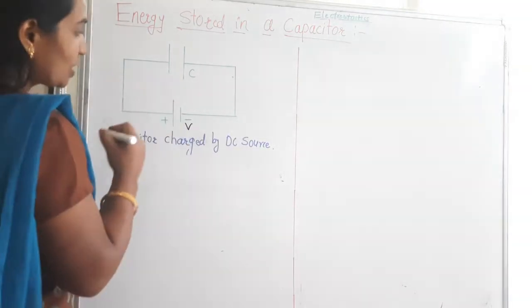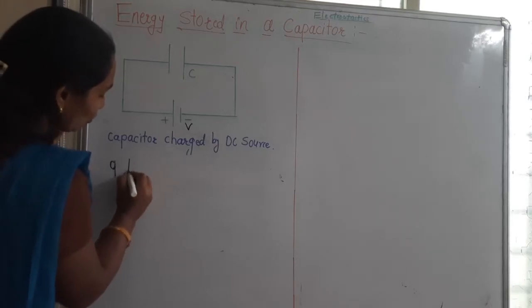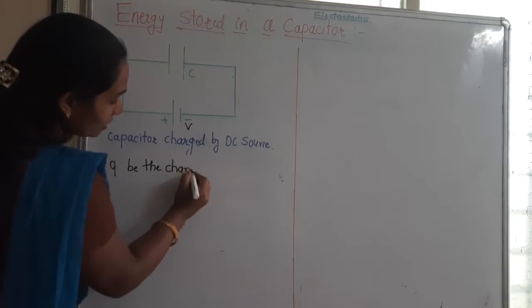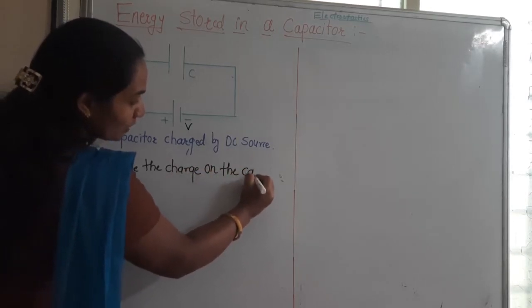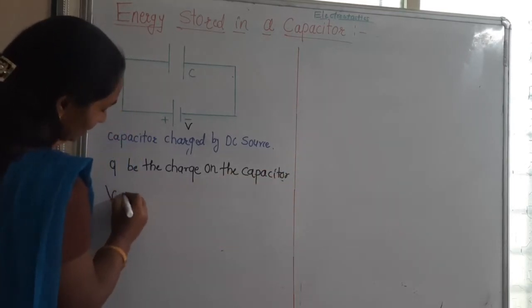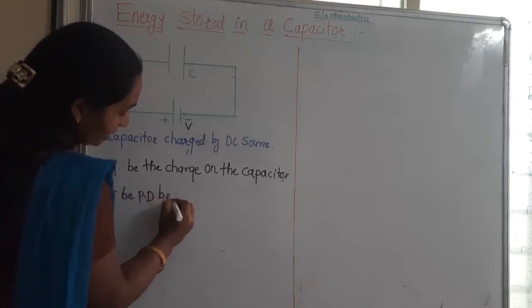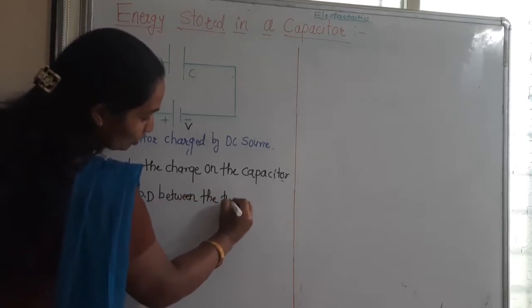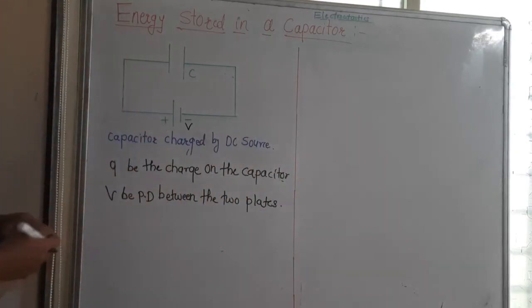During the process of charging, let Q be the charge on the capacitor and V be the potential difference between the two plates.